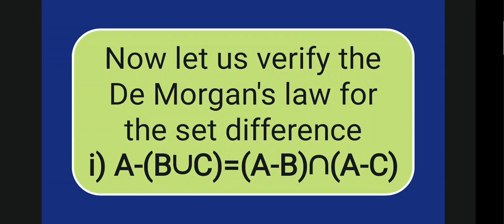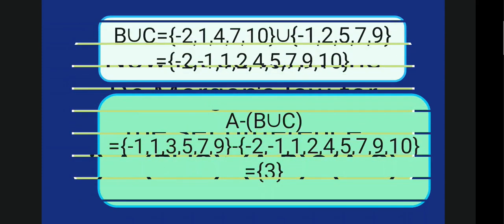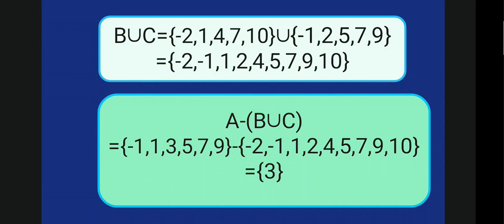First we should find the bracket, that is B union C. The elements of B union the elements of C: when we operate the union, we write all the elements of B and C, and if elements are repeated, we write them only one time. So minus 2, minus 1, 1, 2, 4, 5, 7, 9 and 10.